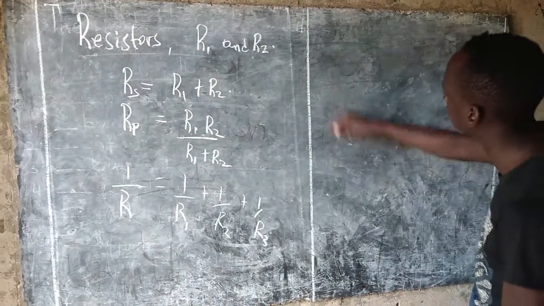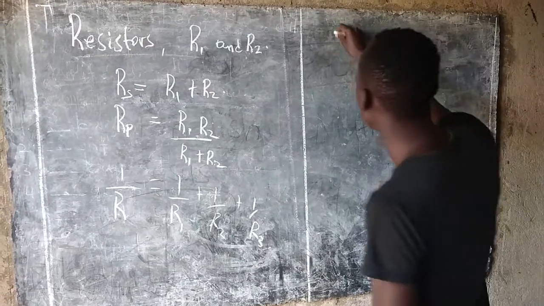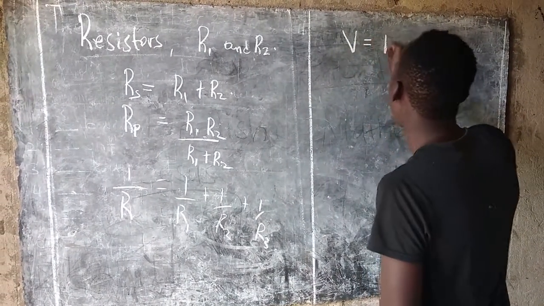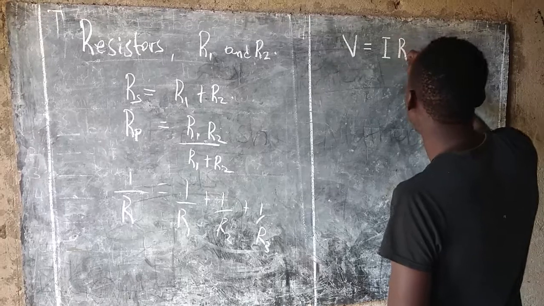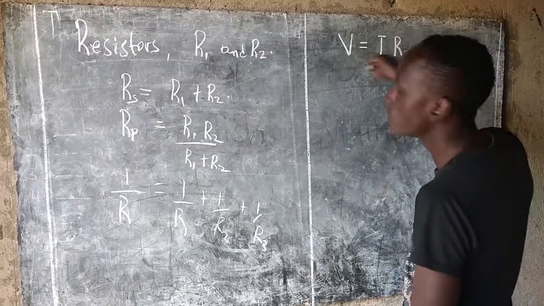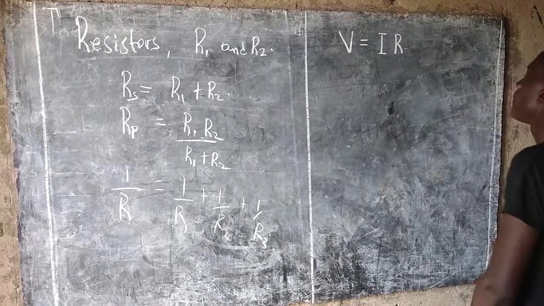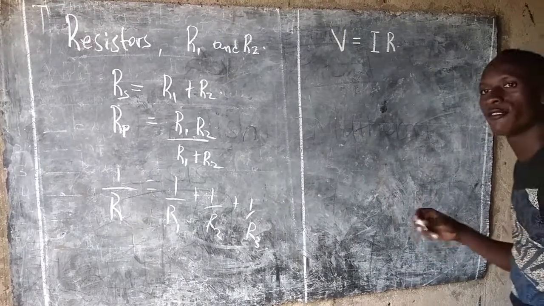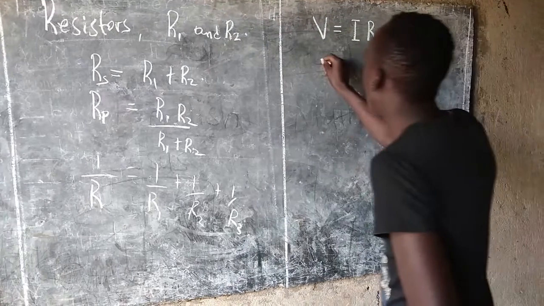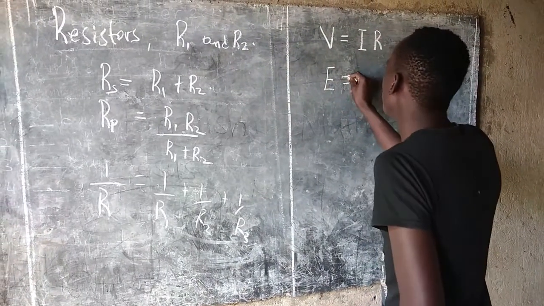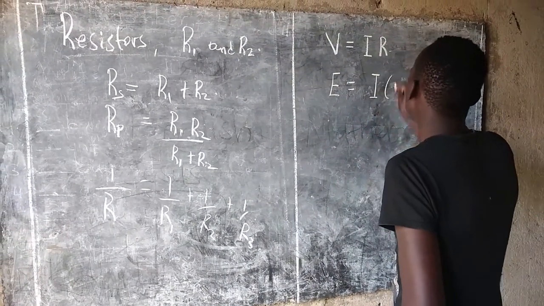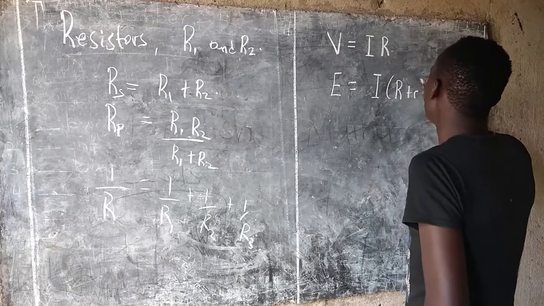We also can't forget this powerful equation, that V equals I R. Remember, we get this from Ohm's law. I hope you know that. And also, if we are doing a calculation involving the entire circuit, we know that E equals I into capital R plus small r.